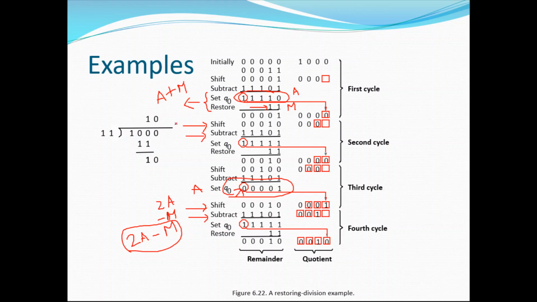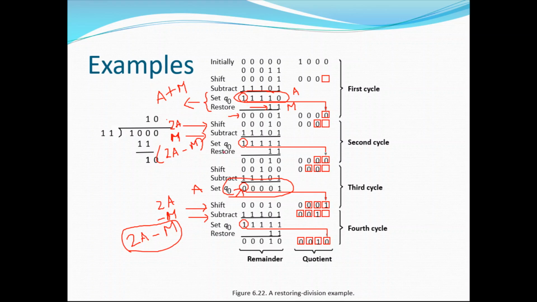Now this is the new a. After restoring a plus m, whatever you get, that is the new a. This new a is left shifted by 1, then it becomes 2a, and subtracting m is the same as 2a minus m, the first case whatever we have discussed. So this is nothing but 2a minus m, right.